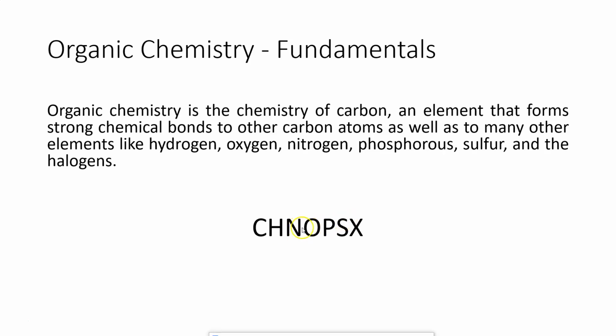First nitrogen, then oxygen, then phosphorus, then sulfur, then the halogens. And if you see, these follow an alphabetic order, right? So carbon and hydrogen first because they are the main components, and then the other elements, okay?